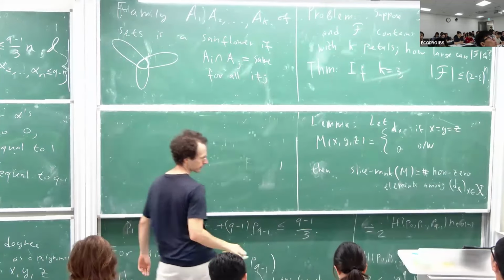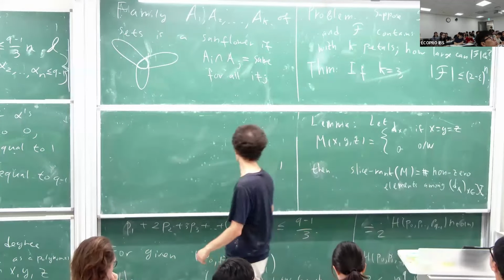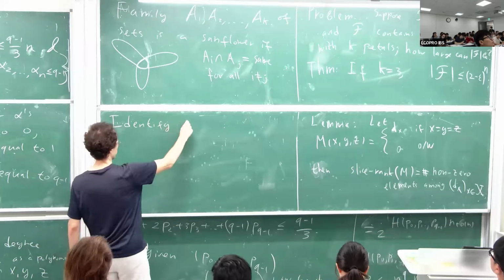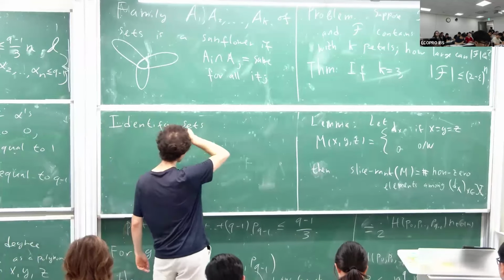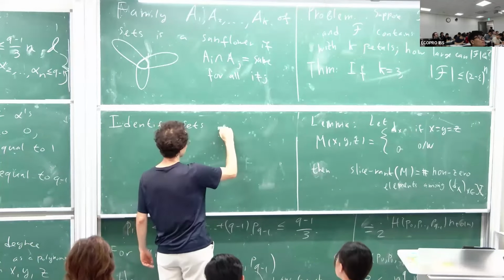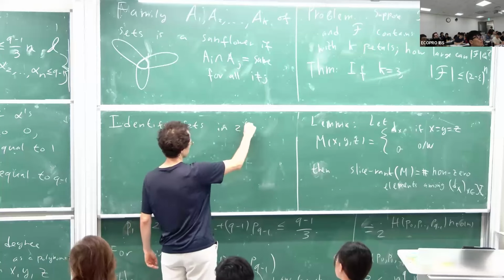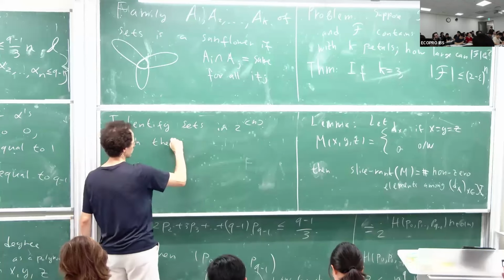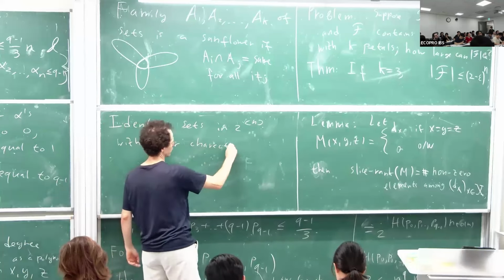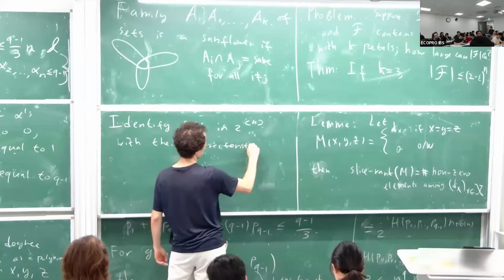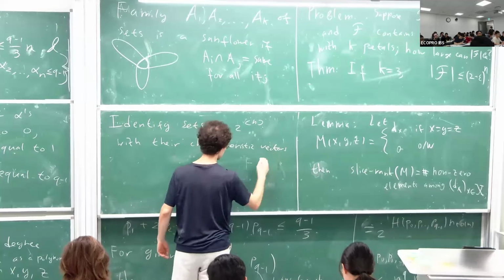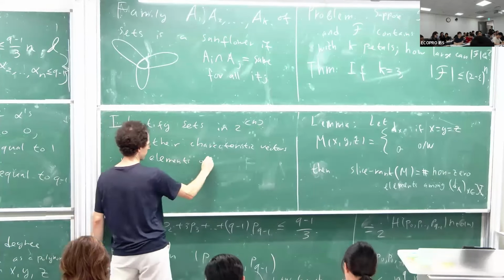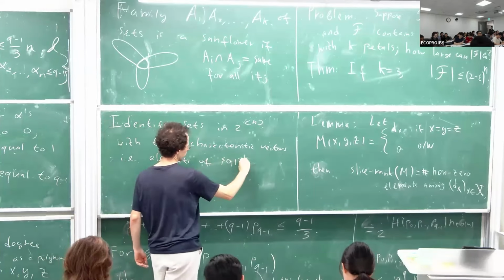Okay, good. So I'm going to identify sets with their characteristic vectors, i.e., elements of {0, 1}^n.